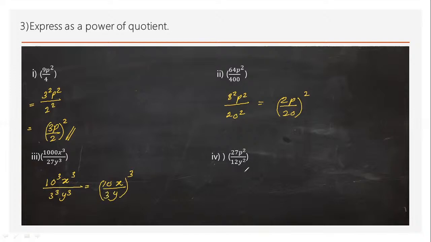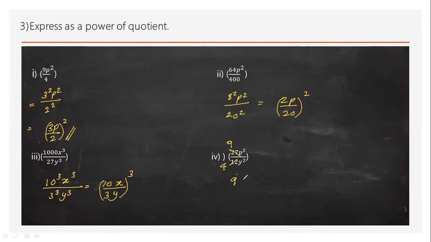Now look at this: 27p to the power 2 over 12y to the power 2. Now we can simplify over the line and below the line. Over the line it is 27, and we can divide it by 3. That gives 9 threes here and 4 threes here. 9 and 4 are square numbers.